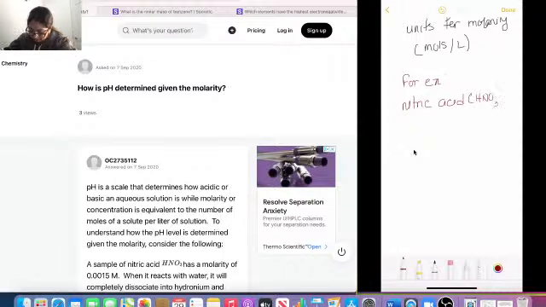This has a molarity of 0.0015. Okay, molarity. And so basically when it reacts with water, it will completely dissociate into hydronium and nitrate ions.